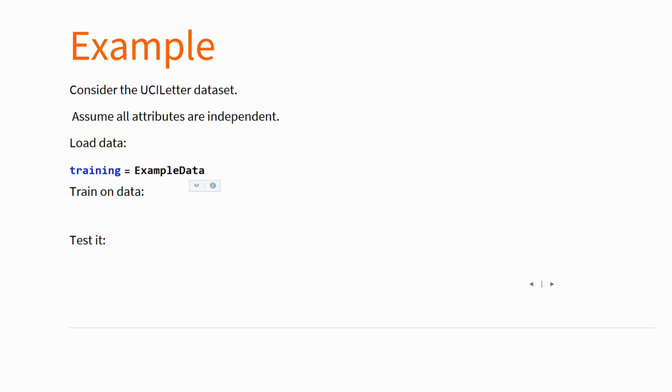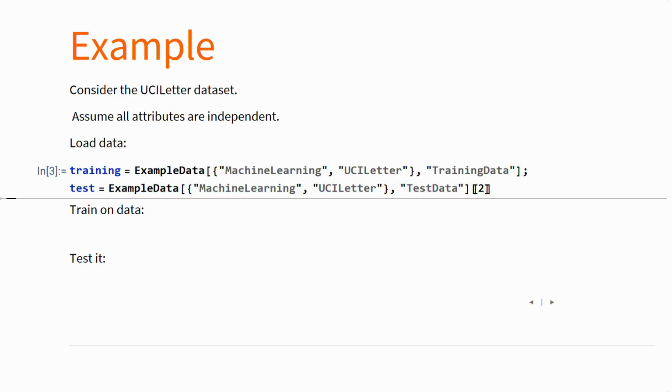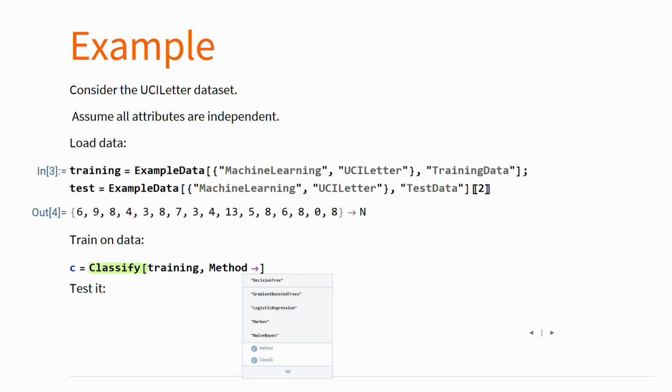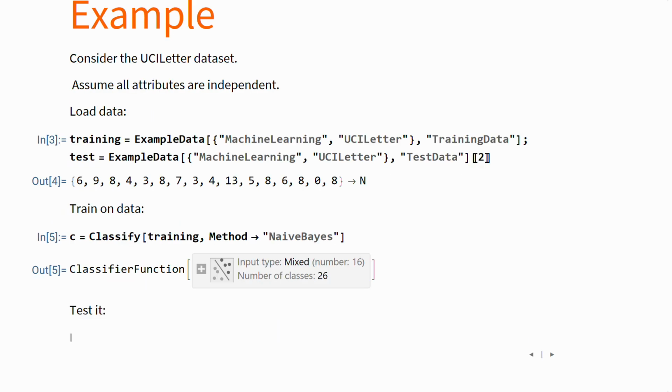Okay, so load the data of the UCI letter dataset, then make a test example for the letter N, then train the data using Classify. Now, once the training is done, the classifier can categorize data. It identified that these numbers indeed represent N.